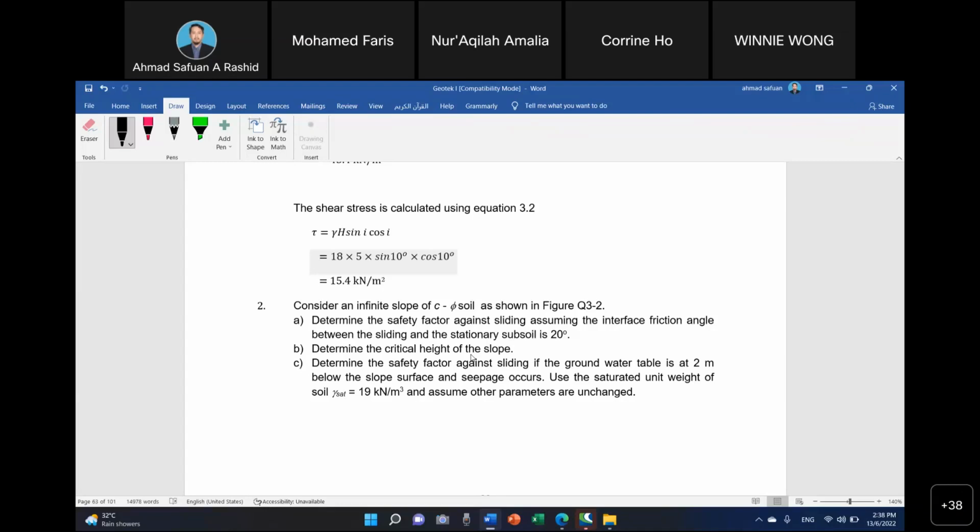Use the saturated unit weight of soil 19 and assume other parameters are unchanged.